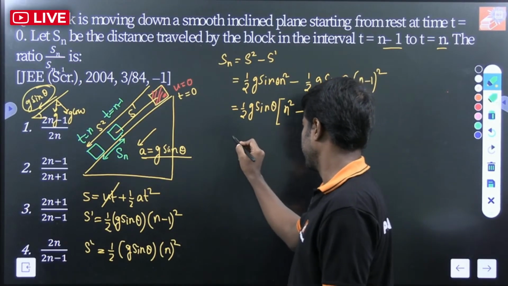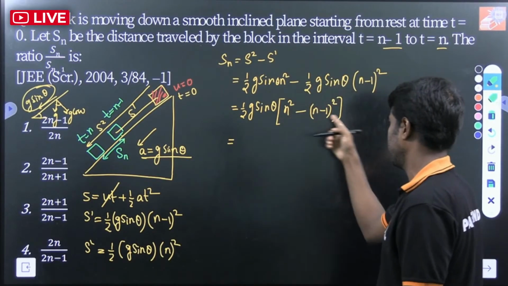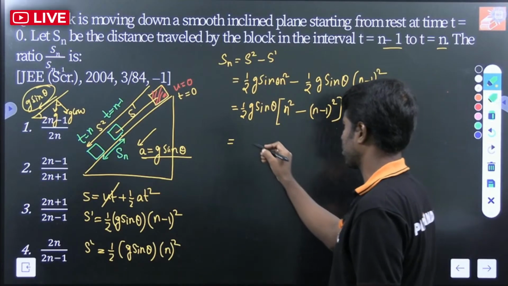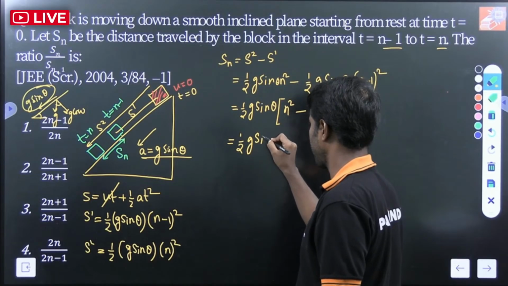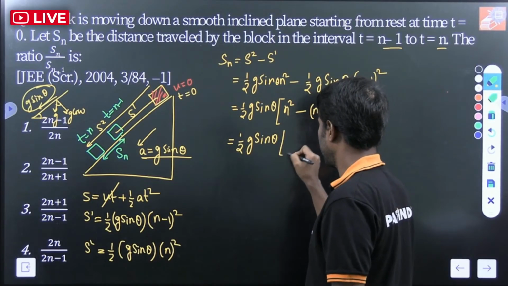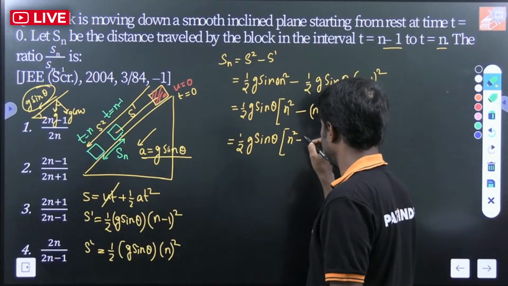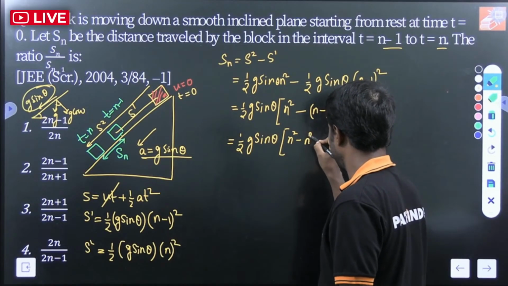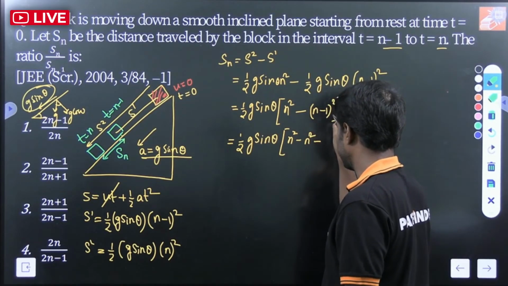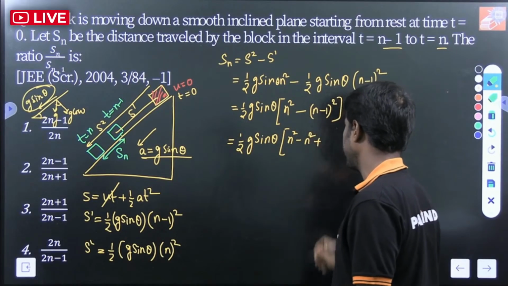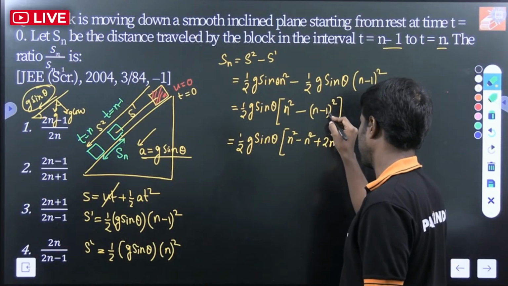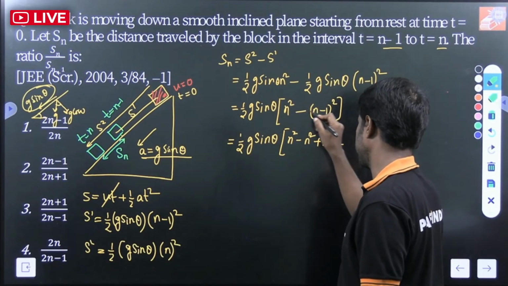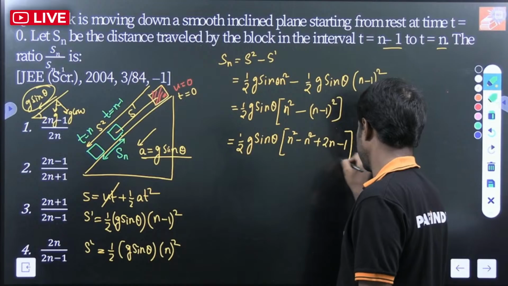So that is a very simple calculation. Here we have to apply the (a minus b) whole square formula. So that will become 1 by 2 g sin theta into n square minus, so minus 2ab, this minus and this minus will become positive 2n, and this minus 1 square, so 1 square is positive, so this gets a minus.